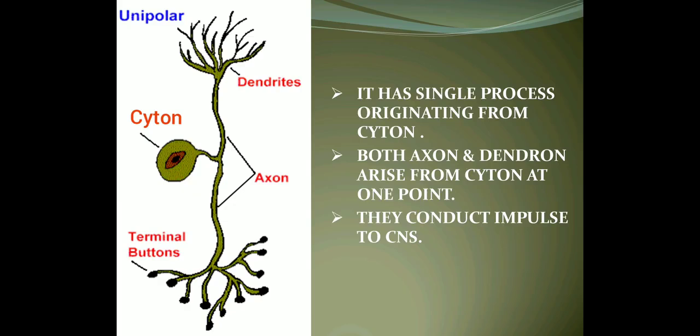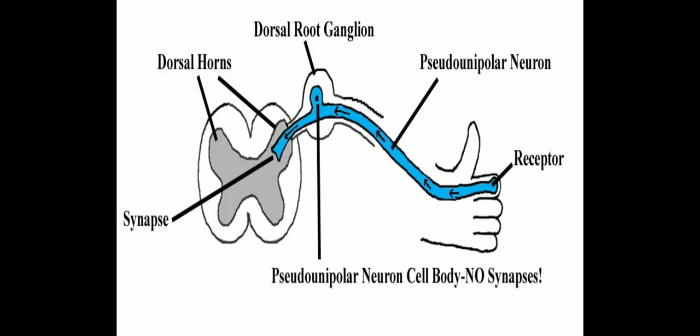In this, you will find there is a single process which originates from the cyton. Both axon and dendron arise from the cyton at one point, and they conduct impulse to the central nervous system. An example is the neurons of the dorsal root ganglion of the spinal nerve. It is a unipolar neuron.